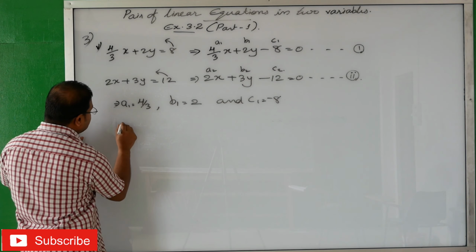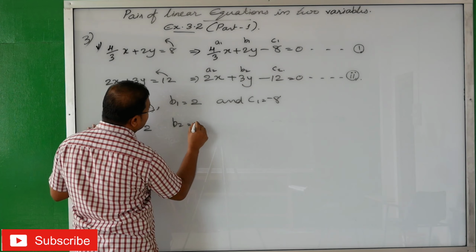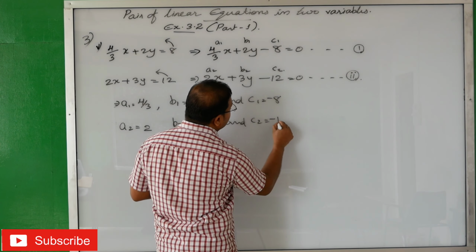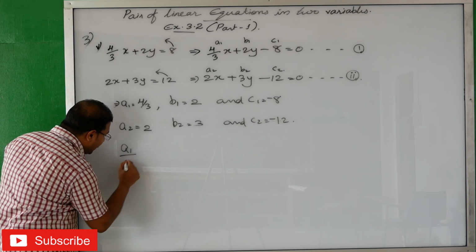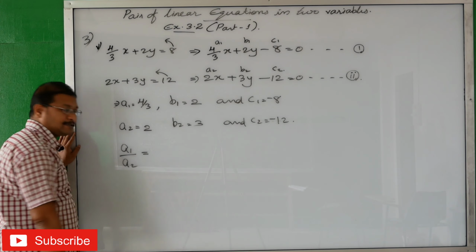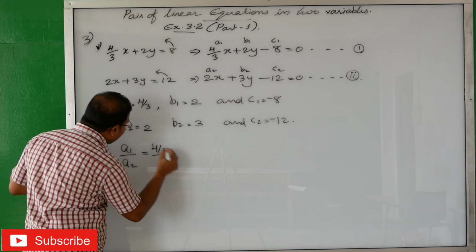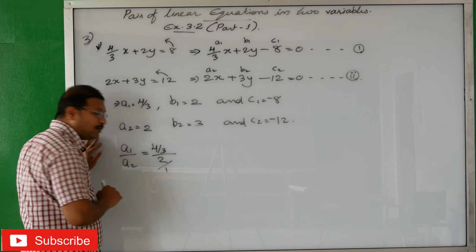Ready? After that, A2. What is the value of A2 here? That is 2. And B2 is 3. And C2, what is the value of C2? That is minus 12. Ready? First, what you will do? A1 by A2 means 4 by 3 divided by 2. But we know that 2 we can write as 2 by 1.